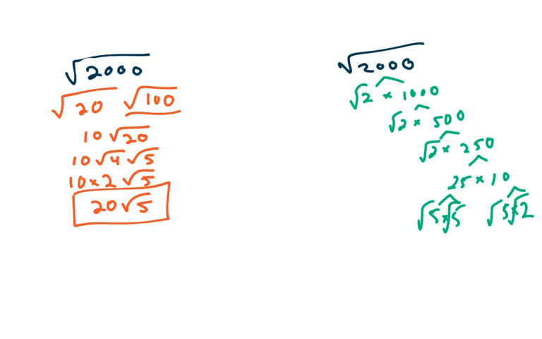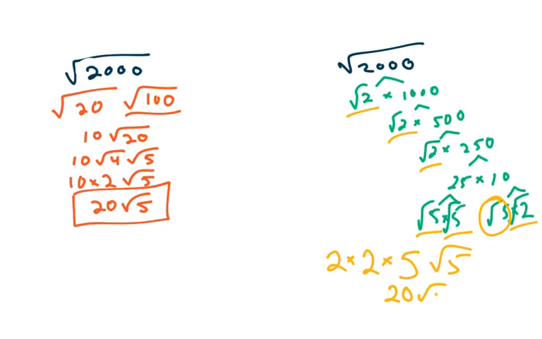Sometimes it takes a little bit longer, but it works every time. So let's do the yellow. The square root of 2 times the square root of 2 is 2. The square root of 2 here times the square root of 2 is another 2. The square root of 5 times the square root of 5 is a 5. And then you have a leftover square root of 5. 2 times 2 is 4, times 5 is 20, square root of 5. So there's the other method.